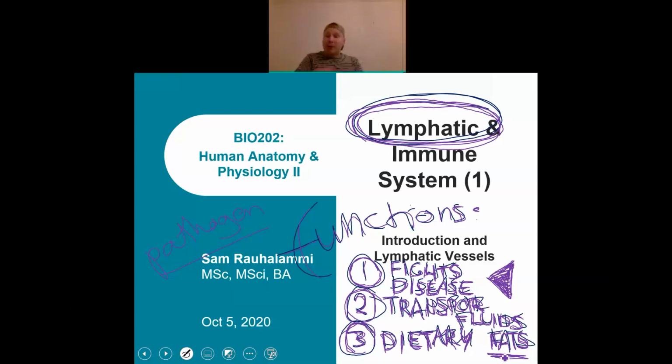And then the lymphatic system transports them close to the heart, and there dumps them into the cardiovascular system, into the blood vessels that then continue carrying these large fats. So it's kind of like a roundabout way to get the materials into the body.